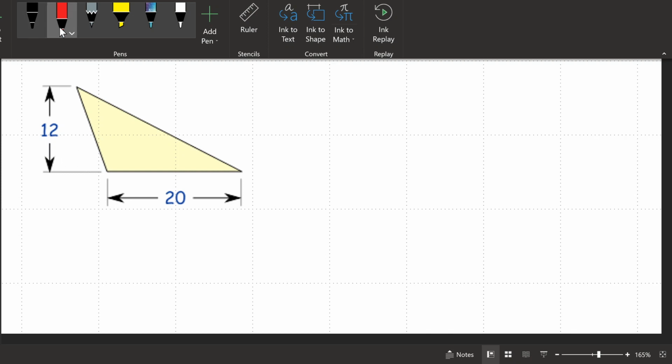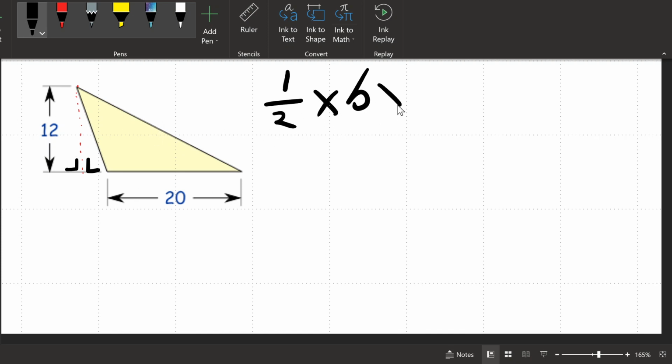This isn't even going through the triangle anymore. It's this independent vertical height, and it's the height in relation to this base, okay? So we've got the height and the base. They have to be at right angles to one another. Otherwise, you're doing it wrong. But we still have 1/2 the base by the vertical height.